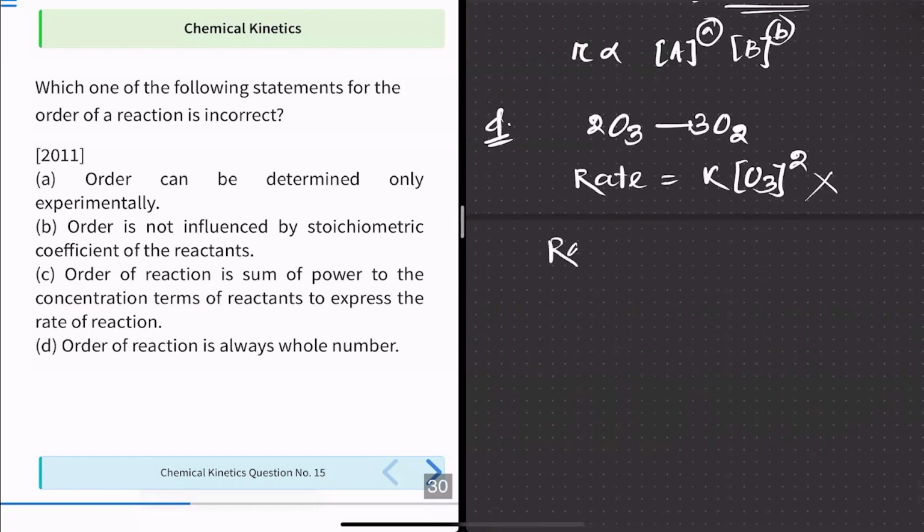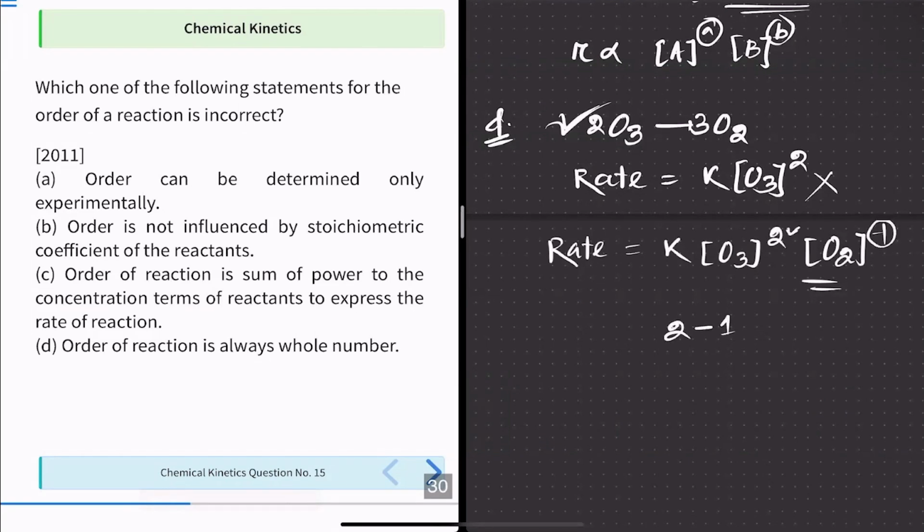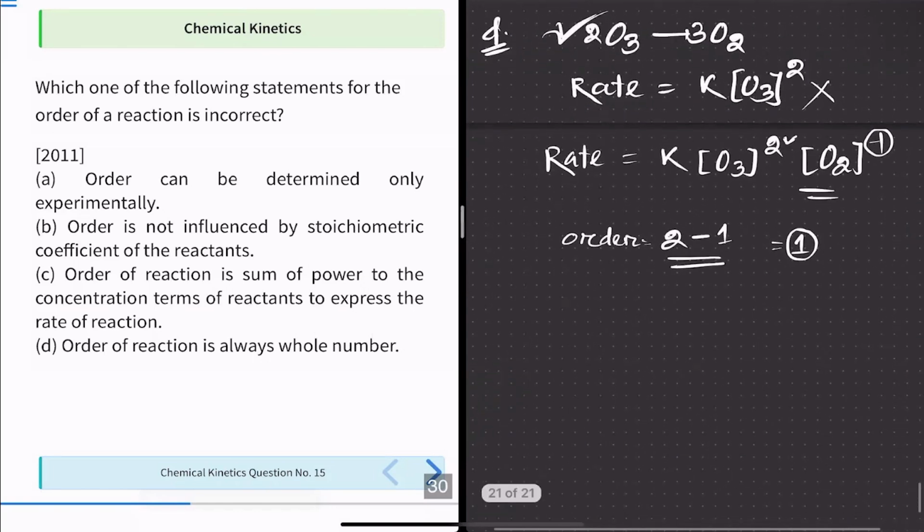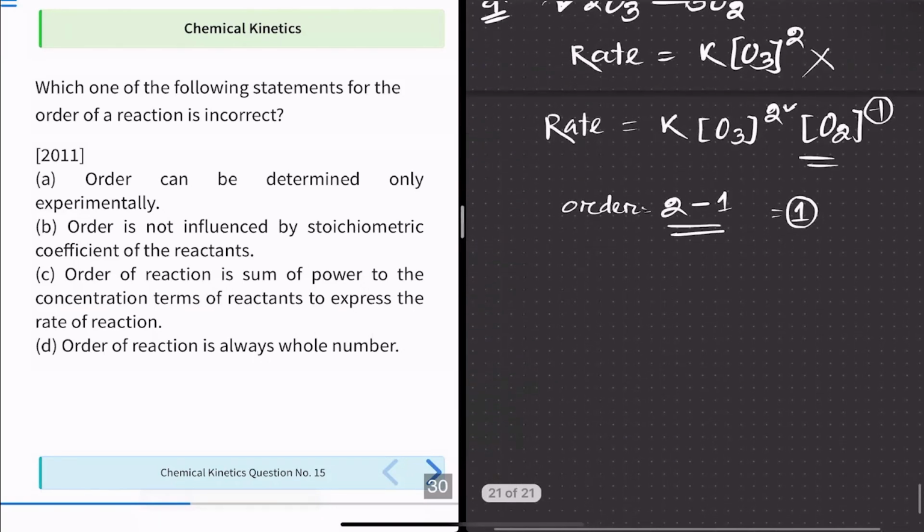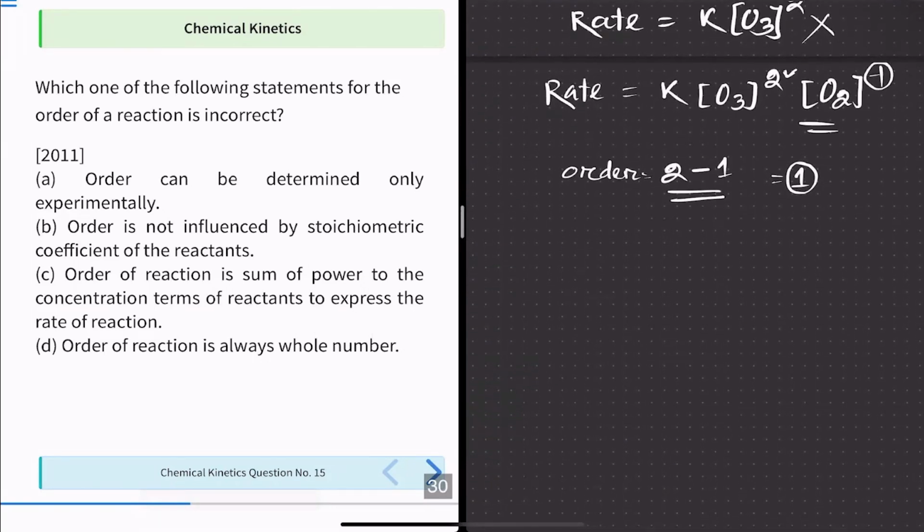What will be the rate of reaction? By experimentation, we know the rate of reaction of this reaction would be K into O3 square and O2 to the power minus 1. So what is the order here? It is 2 and it is also minus 1. So the final order would be 1. Previously we saw that X2 plus Y2 giving rise to XY.